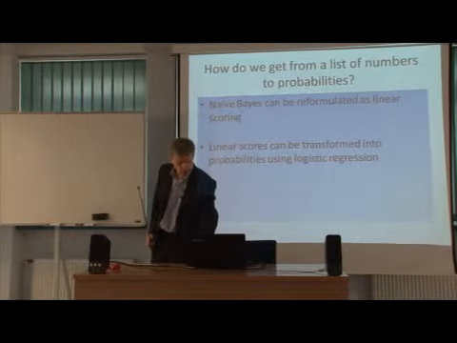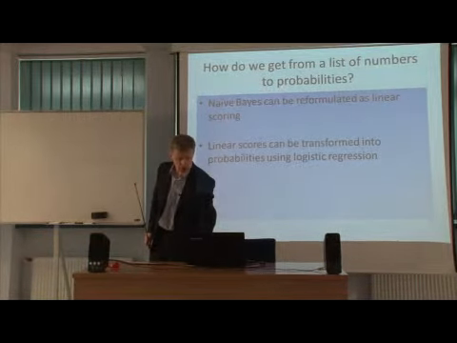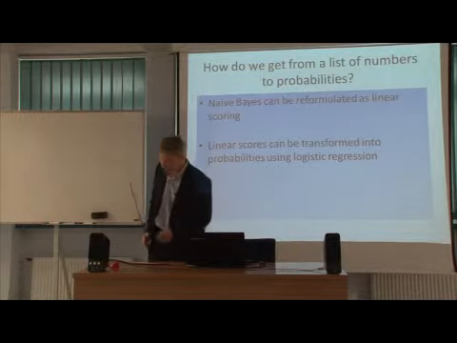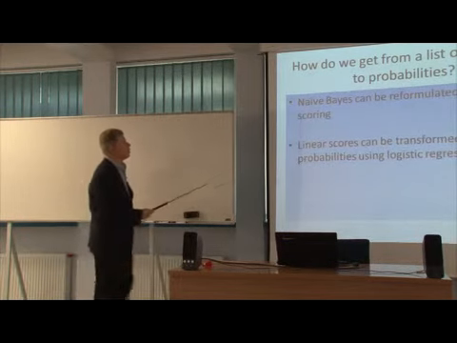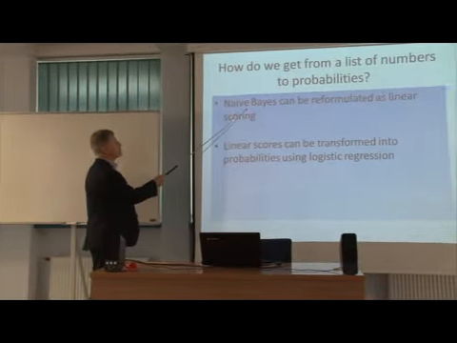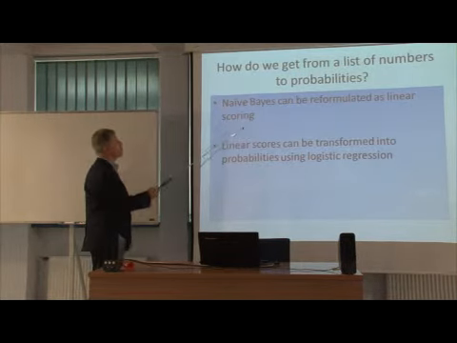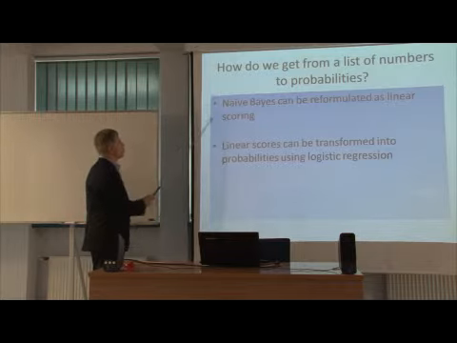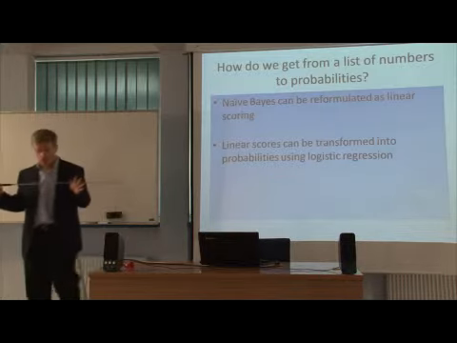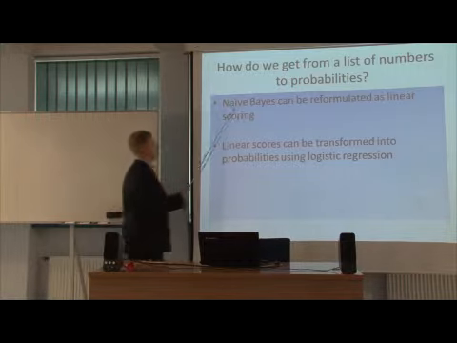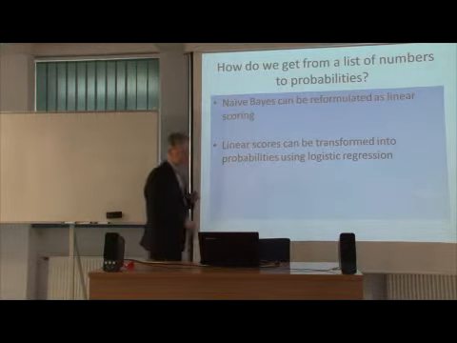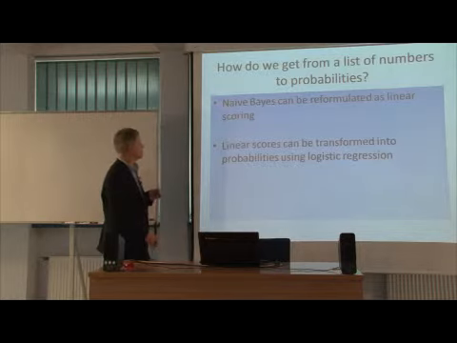So how do we get from a list of numbers to probabilities? First of all, there is a way of reformulating naive Bayes as a linear scoring exercise. Even the multiplication that we have seen in the naive Bayes algorithm can be viewed as addition of certain other numbers, and I'm going to show the formula in the next slide.